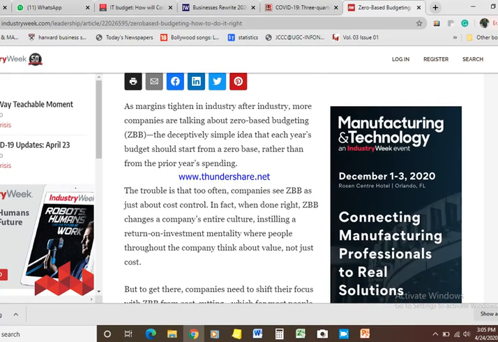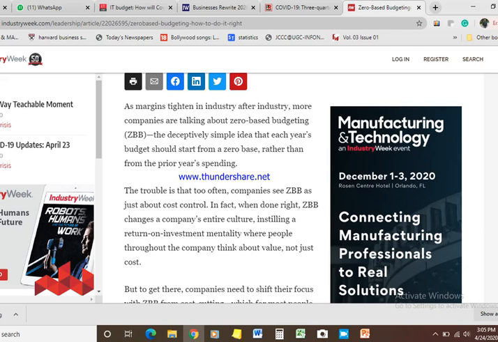In one of the sentences in the article, it says, as margin tightens in industry after industry, more companies are talking about zero-based budgeting: the deceptively simple idea that each year's budget should start from a zero base rather than from prior year spending.